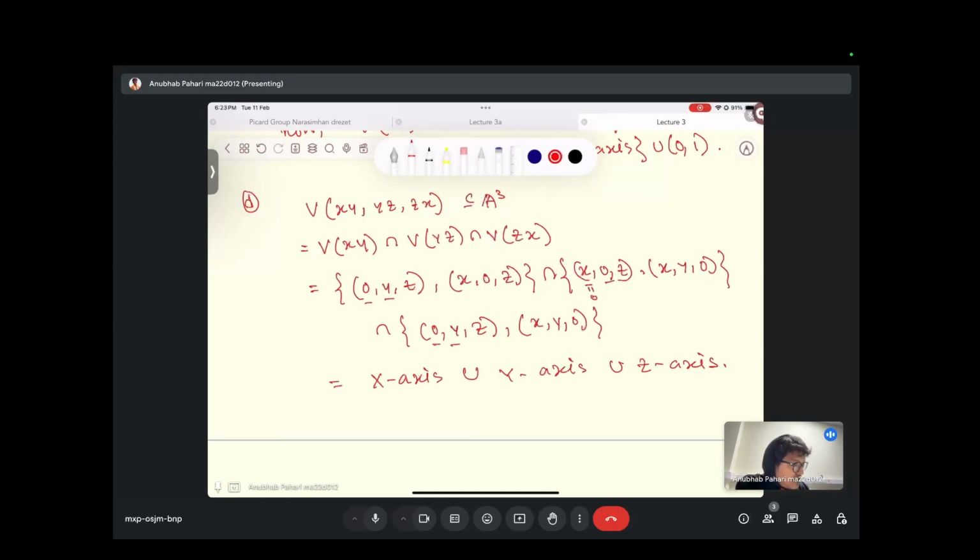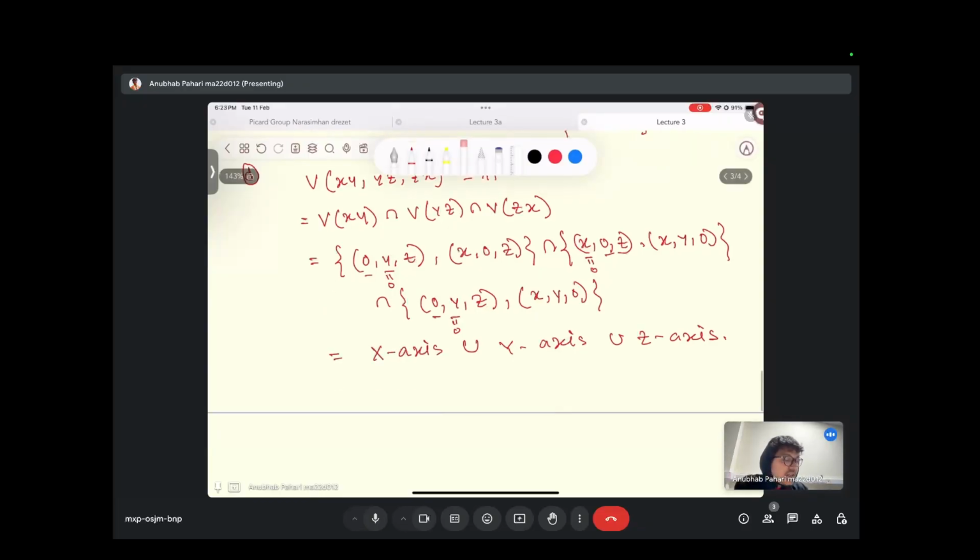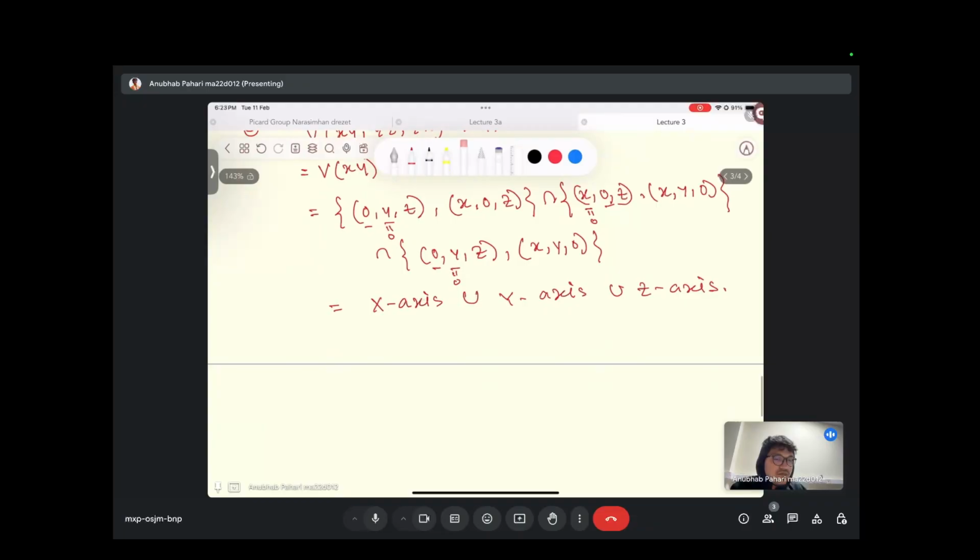So here it is 0, so the y you take should be 0, here you take should be 0, so you are getting that 0 0 1 0 0 z, right? That is your z axis. So similarly one can go through this and find others also.